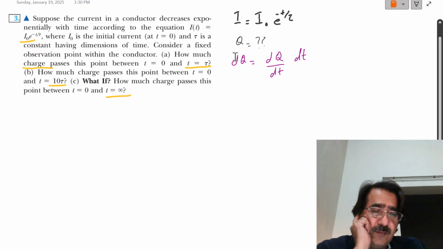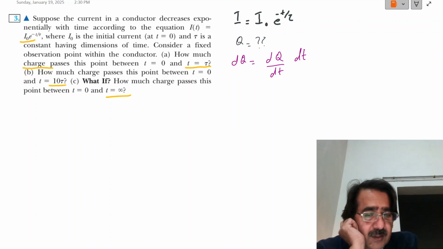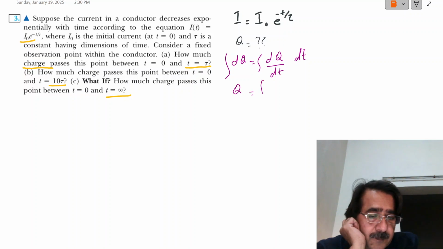So dq remains the same if we divide it by dt and multiply by dt. Integrating both sides, q will become the integral of dq over dt times dt. Because the derivative of charge with respect to time is defined as current, we may write it as I.